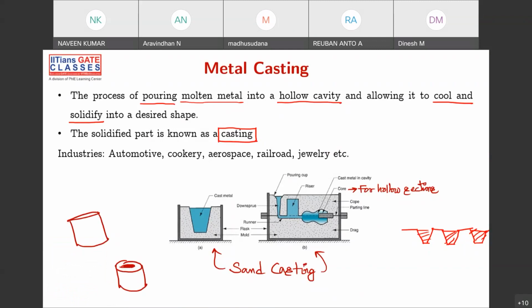And that sand particle that I keep in between is called your core, so that the material will not fill into that hollow place, and it will form a hollow cylinder kind of thing. So let's not get confused here. We have good diagrams to explain core in the coming slides. But as of now, remember that it is for making some hollow sections inside the casting.